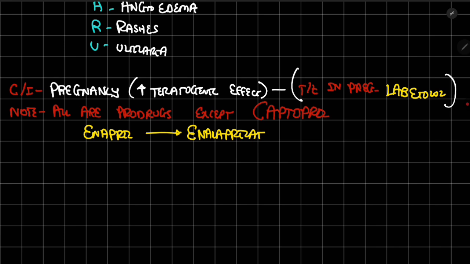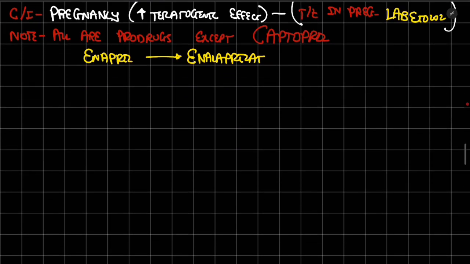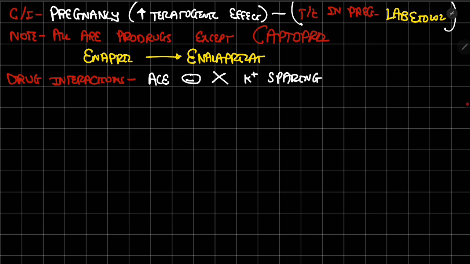Okay, now going ahead with the ARB blockers. But first we will see the drug interactions. Some important drug interactions: ACE inhibitors with potassium sparing diuretics, K plus sparing diuretics.